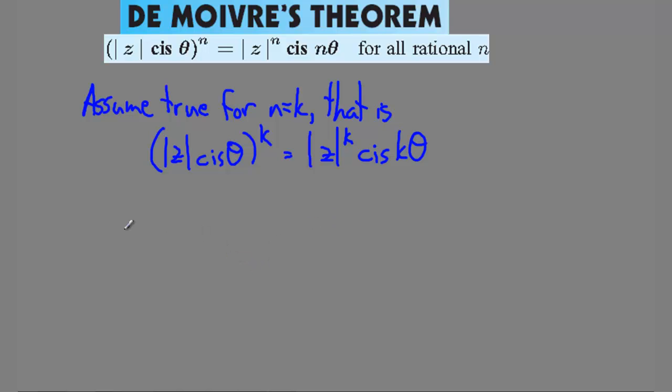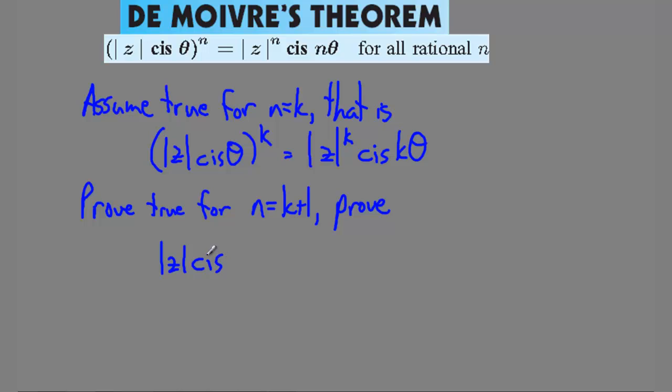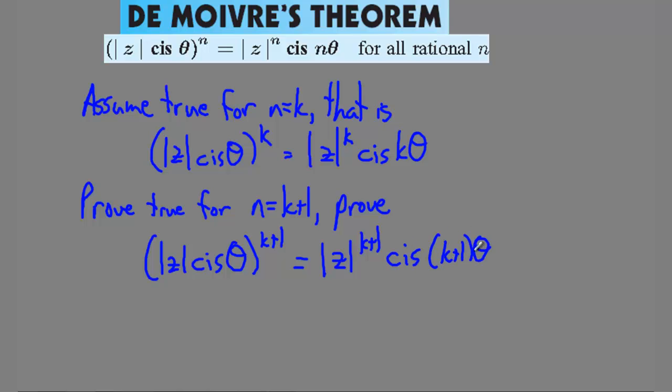Once we've stated that, we want to make sure we're focused on what we're going to prove true for n equals k plus 1. So we are going to prove that the modulus of z cis theta all to the exponent of k plus 1 will equal the modulus of z to the k plus 1 cis of k plus 1 theta.